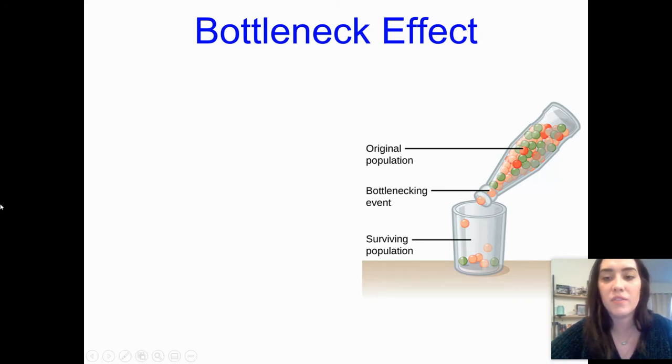Okay, so the bottleneck effect, as you can see by this visual, just means that there is an original population, right, with the gene pool, so all of the available alleles in that population. And because of a bottlenecking event, the surviving population has a much smaller gene pool than the initial population.